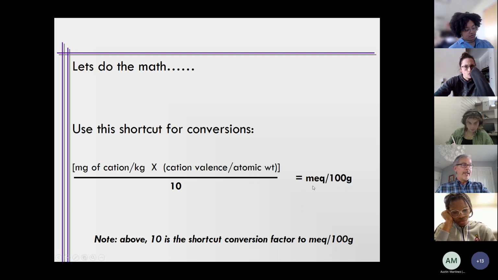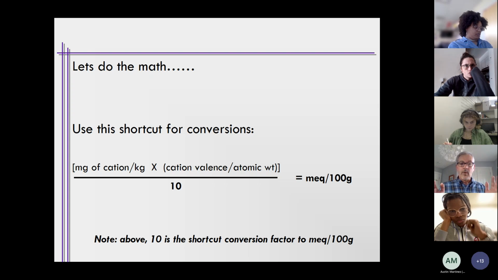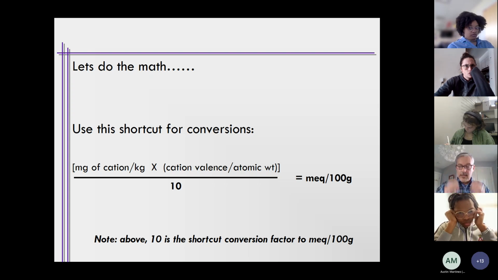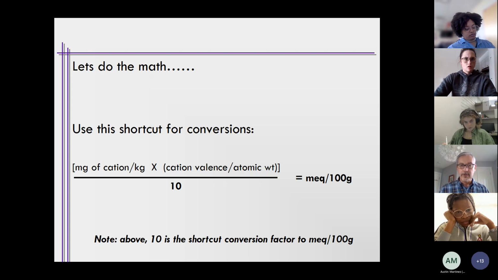In this equation, that 10 in the denominator is a shortcut for the conversion from the units in the numerator to milliequivalents per 100 grams, right? If you ever want to see the longhand version, I can write it out and take a picture and email it to you, or we can go through it online. But that's the simple conversion, this simple equation, okay?